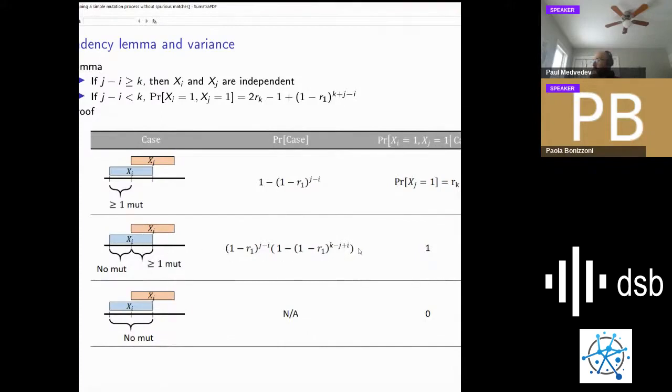And we can compute the probability of that case and observe that in that case, both xi and xj are guaranteed to be mutated. So that probability is 1. And in the third case, there's no mutations here, so xi has to be 0, so the joint probability is 0. Now, these 3 cases are a partition of the event space, so applying the law of total probability and Bayes rule, we just multiply each pair together and add them up, and we get our lemma statement.